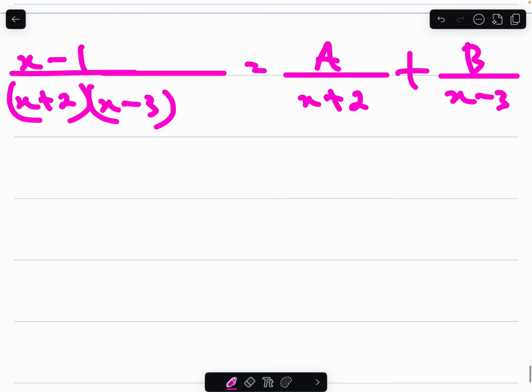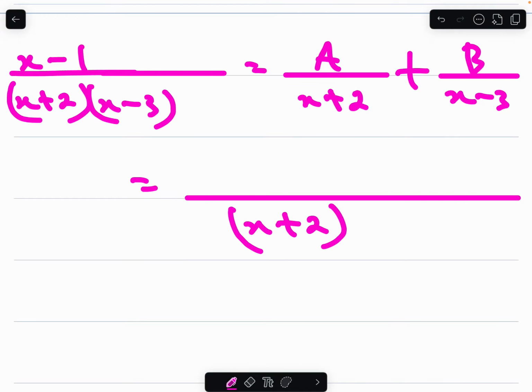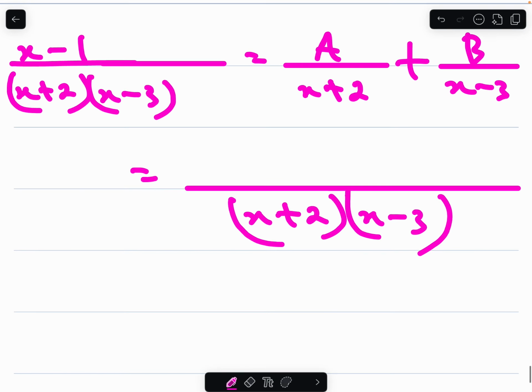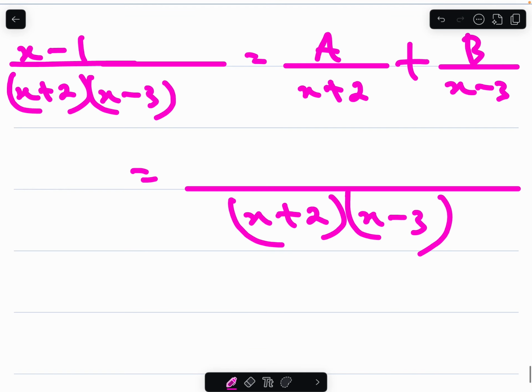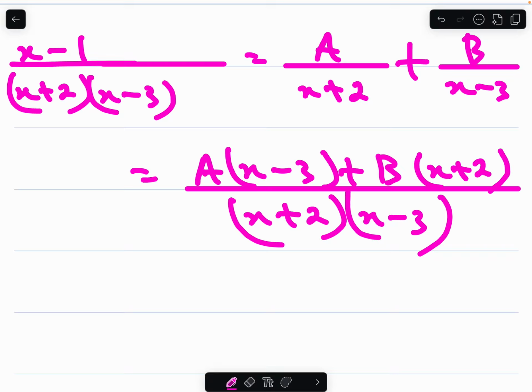Now, the LCM of the denominators is x plus 2 times x minus 3, and that means a into bracket x minus 3 plus b into bracket x plus 2.